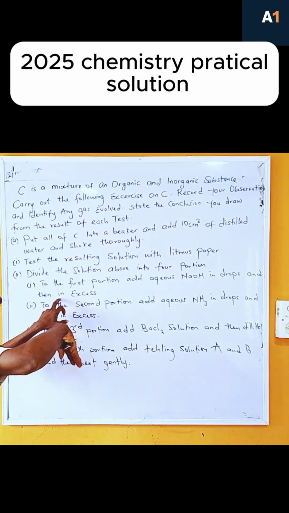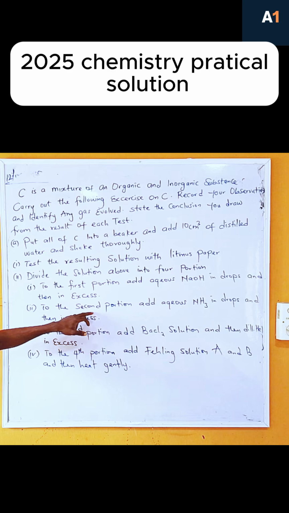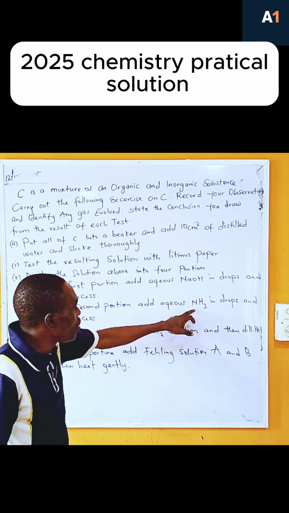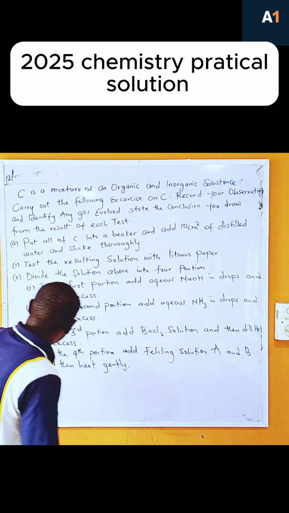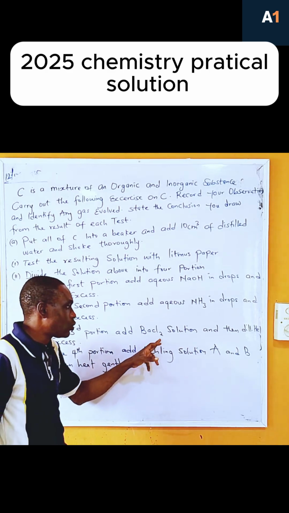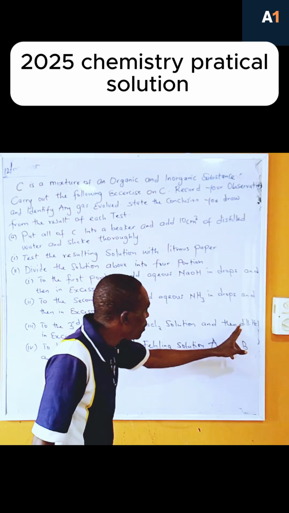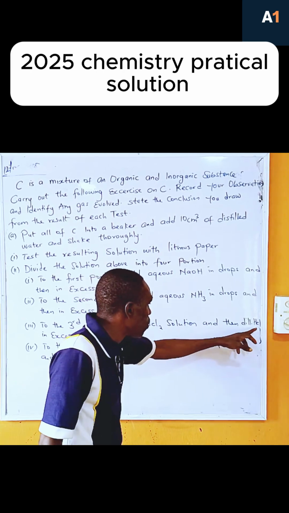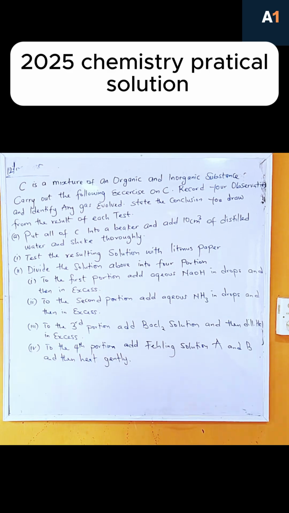For the second portion, you add aqueous ammonia in drops, then in excess. Then for the third portion, you add barium chloride solution, and after that you add HCl, hydrochloric acid, then in excess.